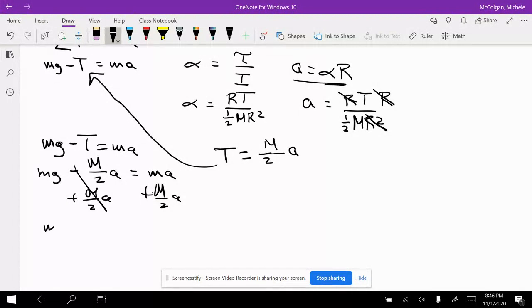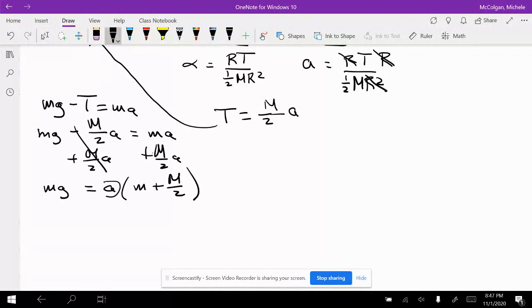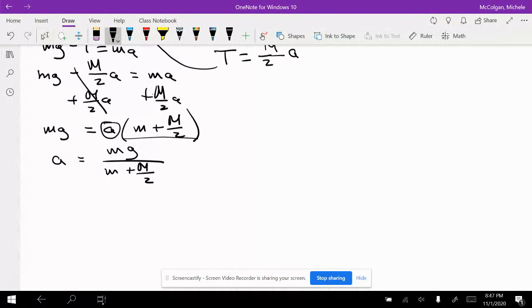These cancel out and I get mg equal to a times little m plus big M over 2. Solving for a, a is equal to mg over little m plus big M over 2. When I plug in my numbers, a is equal to 7.84 meters per second squared.